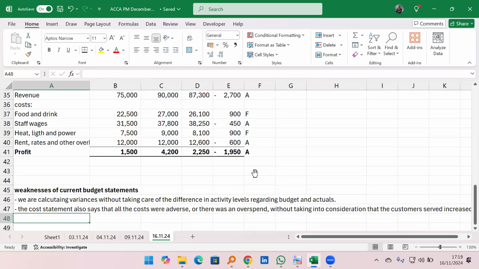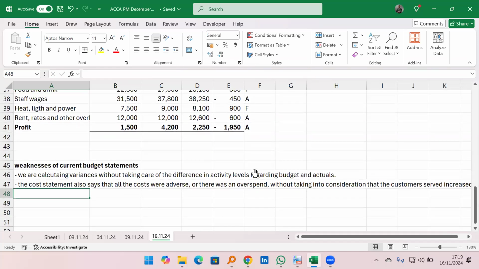So all of the points we are going to give are going to be rotating around that, because ideally that's the problem that this budget thing has.